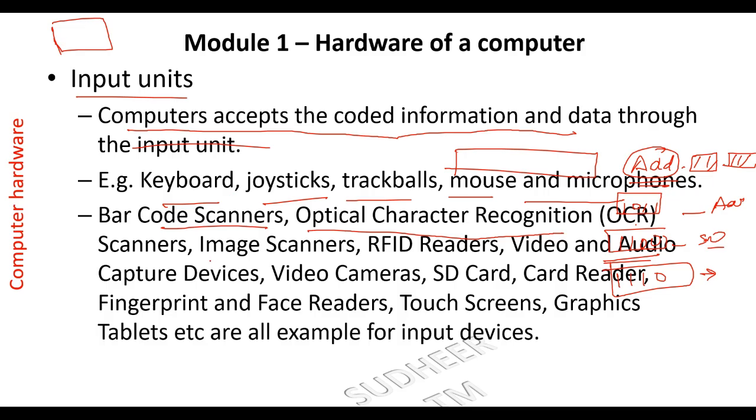Also image scanners, RFID (radio frequency identification) modules, video and audio capture devices, cameras, video cameras, SD cards, card readers, fingerprint and face recognition readers, touch screens, graphic tablets, etc. are examples of input devices.